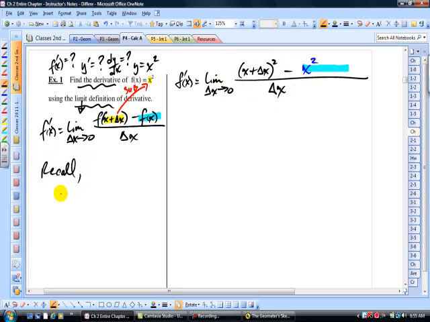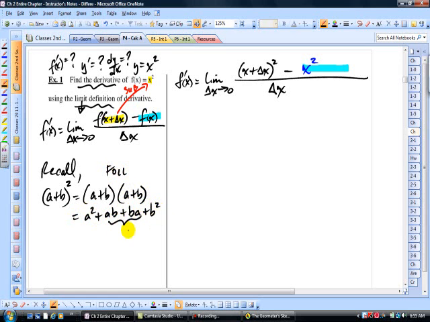So recall that in Algebra 1, (a plus b) quantity squared equals (a plus b) times (a plus b). Well, what does that mean? If you use FOIL, you get a squared plus ab plus ba plus b squared. These two are the same terms, and so you get a squared plus 2ab plus b squared.